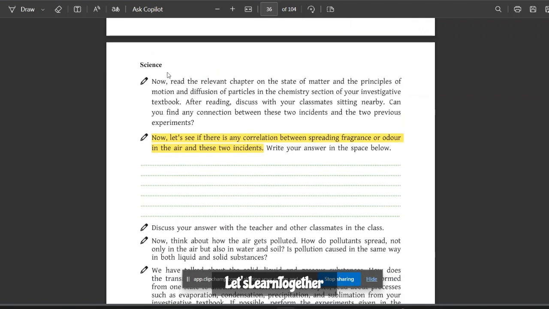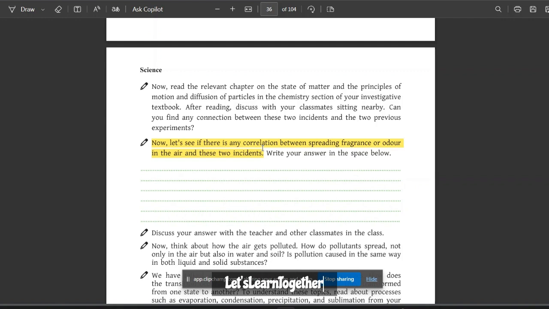And look, the next question is that let's see if there is any correlation between spreading fragrance or odor in the air and these two incidents. Let's see if there is any. All right. So in the very beginning of this session, they had told you about keeping a bottle of perfume somewhere in the class, and then seeing how the odor from that perfume, which we can also say fragrance, was getting spread into the entire room.